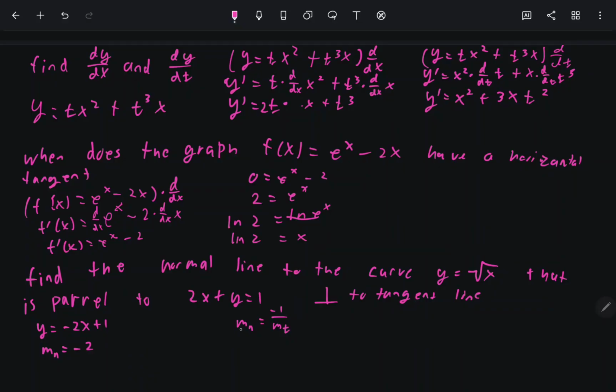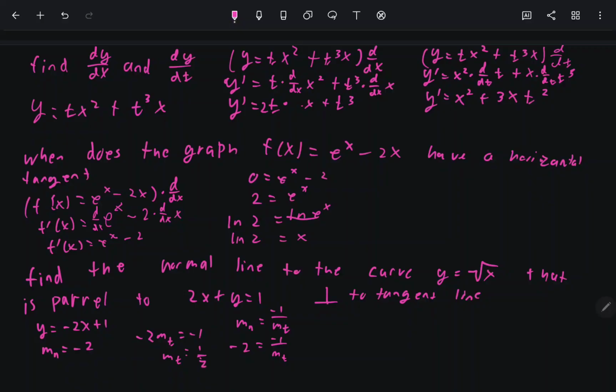So if we have this, we can say that negative 2 is equal to negative 1 over mt. Let's solve this for mt, so we get negative 2 mt is equal to negative 1. So mt is equal to 1/2.